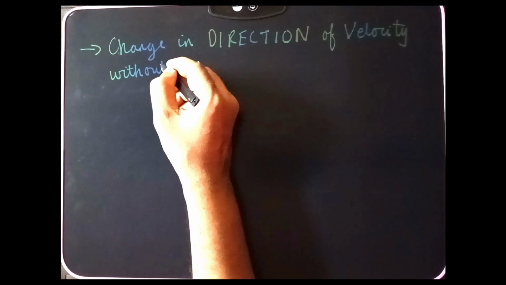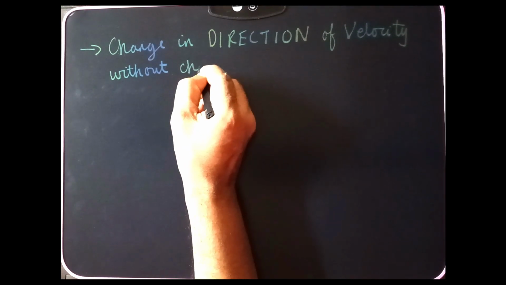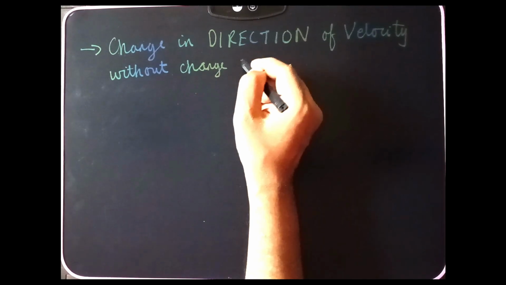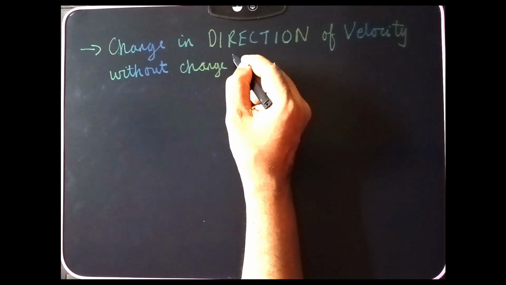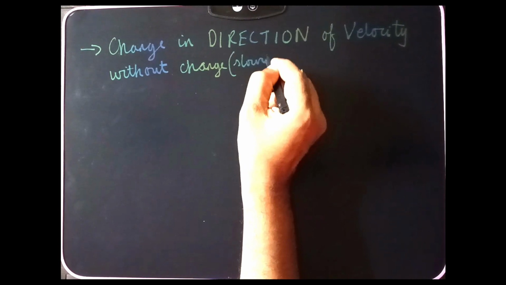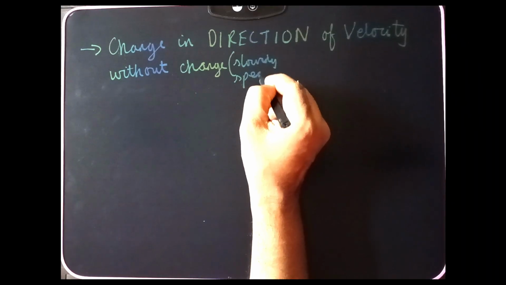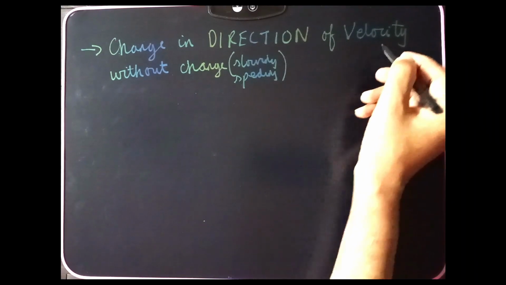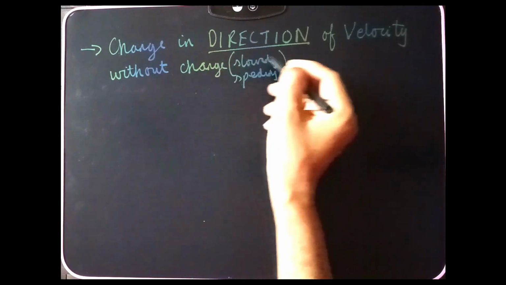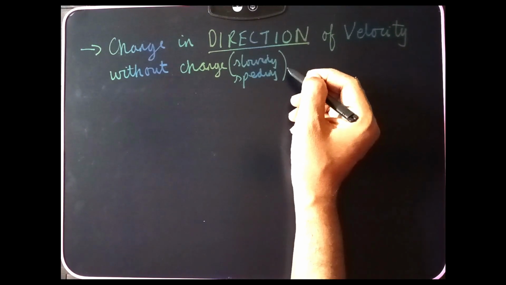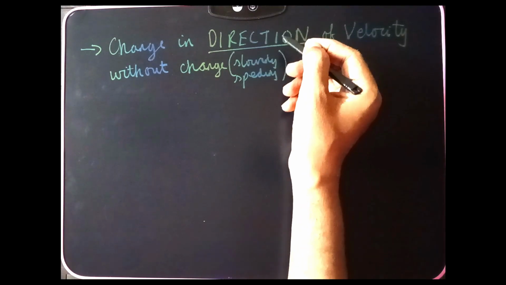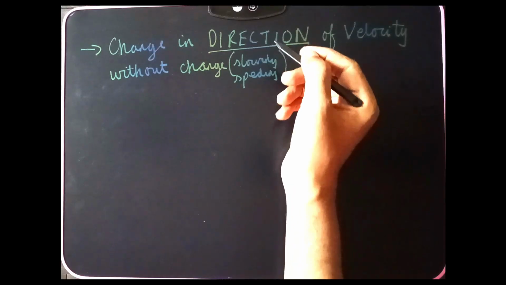This is one very important concept. Without change means either without slowing down or speeding up. That means here only the direction has changed, but the velocity magnitude has not changed. There is no slowing down, neither speeding up of the particle.